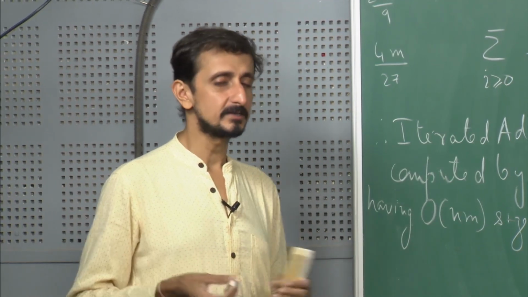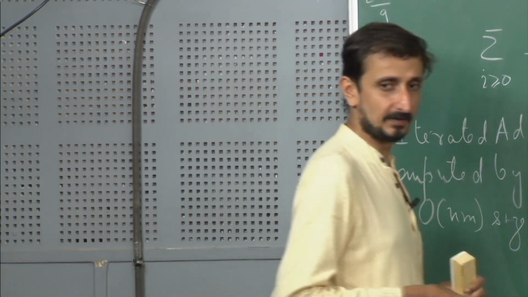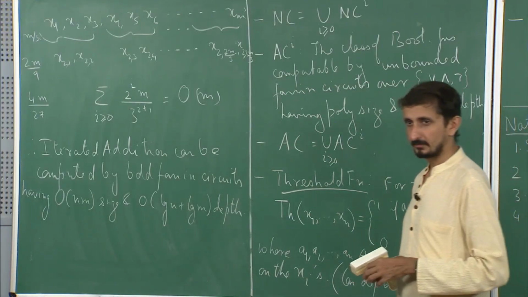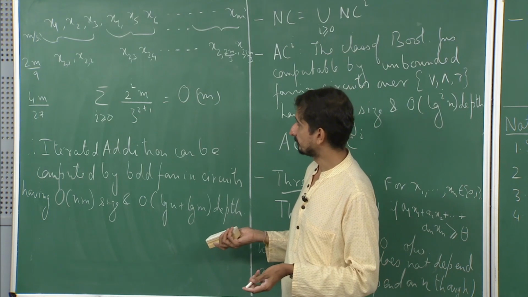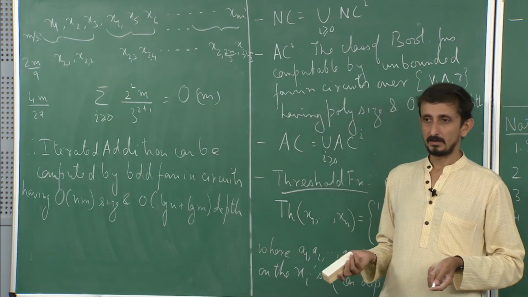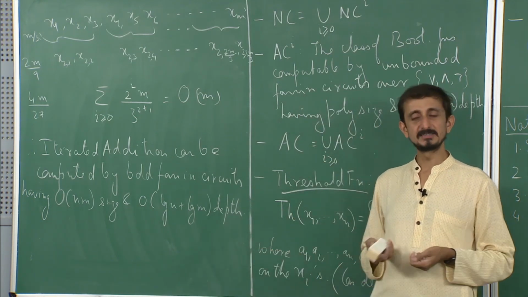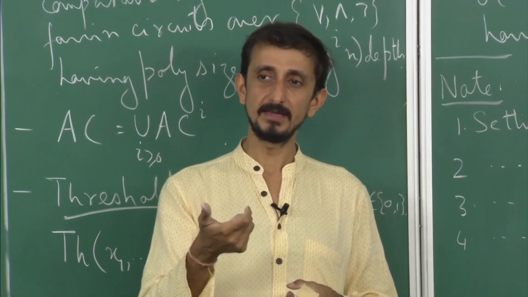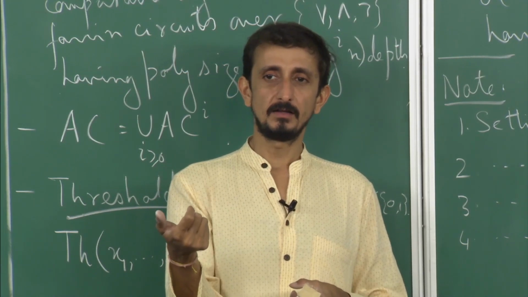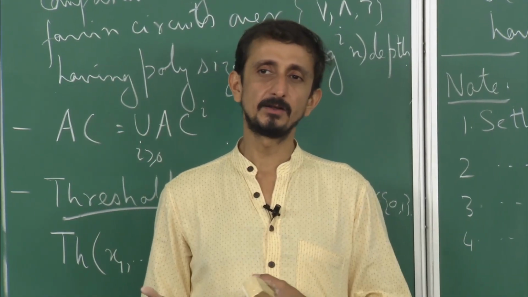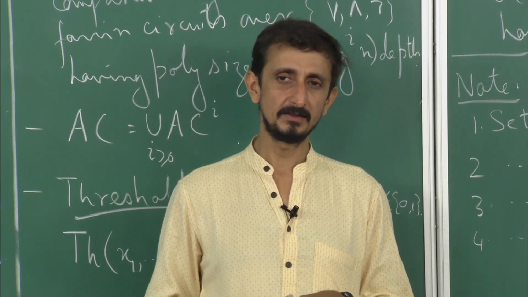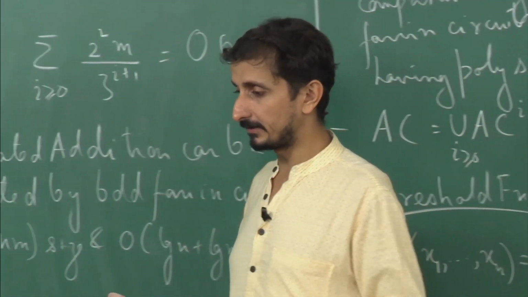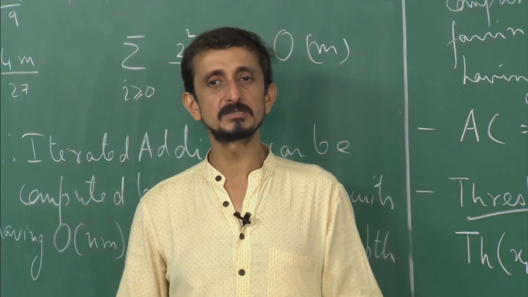So multiplication is still not optimal, correct. The input size is twice n, exactly. You have two n bit numbers, let us say x and y, which has size 2n, and you are showing that there is a circuit of size order n square which is doing this. I am not saying that it is not optimal, but I am saying that it can possibly be lower.